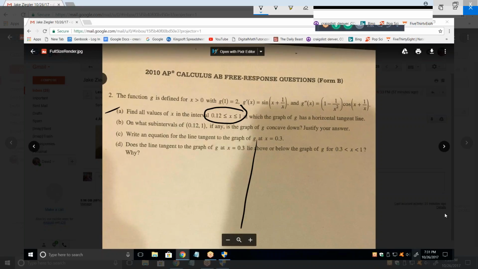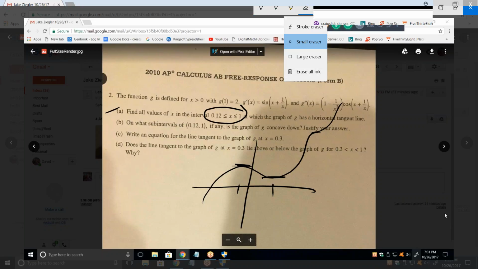Here, let's look at a function. There's the original function. There are two places where it has a horizontal tangent line, right there and there. And the way I've drawn it, let's just have that go up like that. So if they tell you that you have a horizontal tangent line, it means that the first derivative is 0.